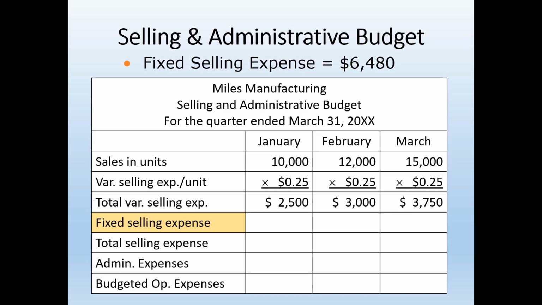That probably includes the fixed portion of the sales team's salaries, their secretaries, depreciation on their computers, and their cars if they use them for work, as well as rent on the sales offices. So we can add that fixed selling cost to the variable selling cost in January and in February and in March.